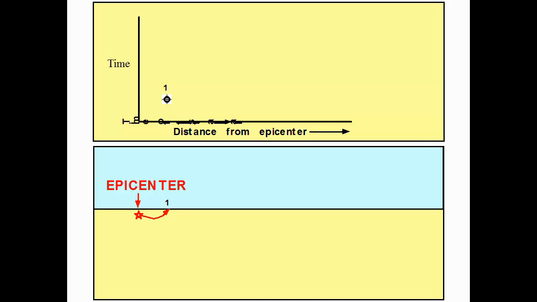In other words, the direct wave reaches seismograph station 1 first, and that time and distance of seismograph station 1 where that direct wave arrives is plotted in that upper diagram. At a little bit further distance, at seismograph station 2, that station is also receiving the direct wave first, as is seismograph station 3 and seismograph station 4.